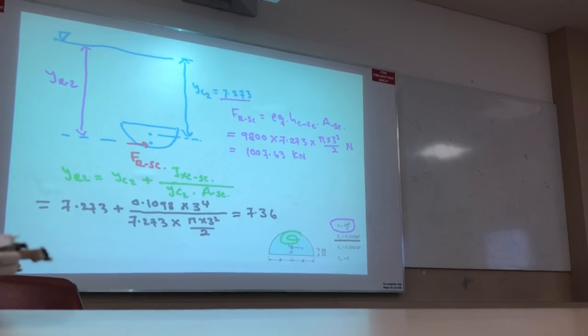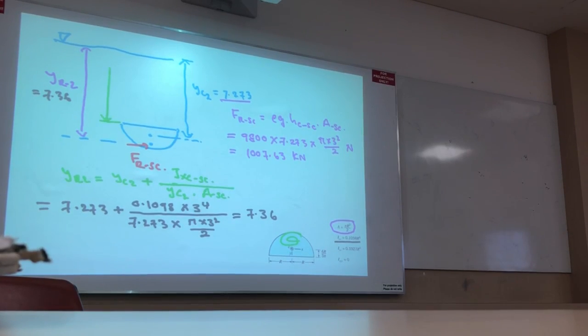So this value is 7.36, right? And the distance from the water surface to this point, right, is 6. This is 6 meters. So what is the distance from the center of pressure to the shaft? This one, right?